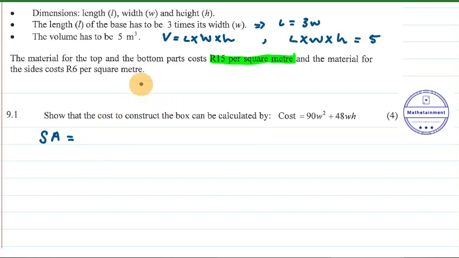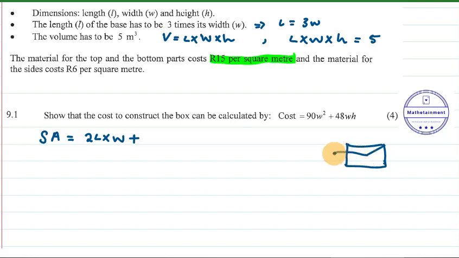So if the box is closed, that means we'll end up having 2 times length times width plus, if you look carefully, this is how the box should look. The box is constructed like this. Let me check, but this one, guys, won't be as nice as it should be.